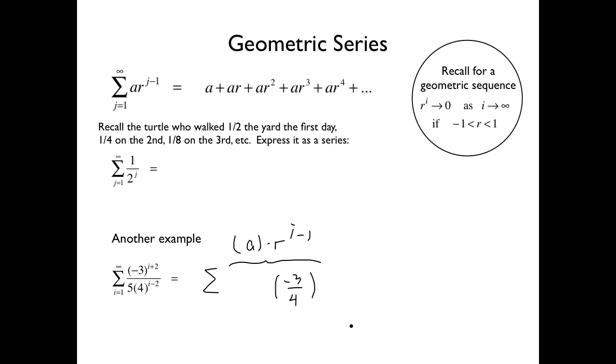Because I've got negative 3 to the i plus 2 and 4 to the i minus 2. So we keep multiplying by a negative 3 on the top and a 4 on the bottom as we go. We can group those together, negative 3/4. So then how many negative 3's do we have? i plus 2, and we need i minus 1.